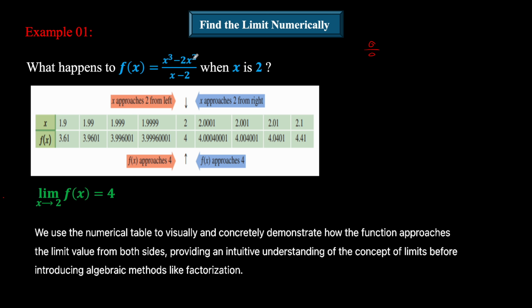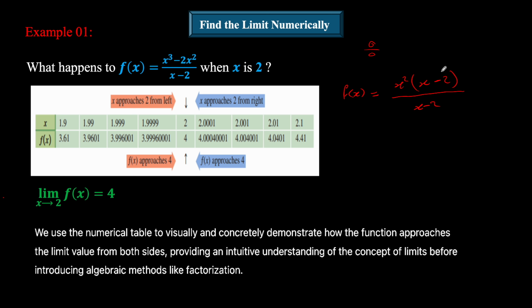We'll take x squared as a factor, so f of x is equal to x squared multiplied by x, because x to the power 3 will remain x when we take out x to the power 2. Even if you multiply x to the power 2 by x, you get x to the power 3. We didn't change anything. Minus 2, so we took x squared out, divided by x minus 2.